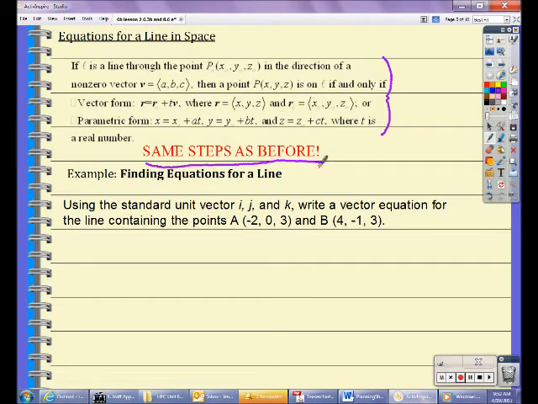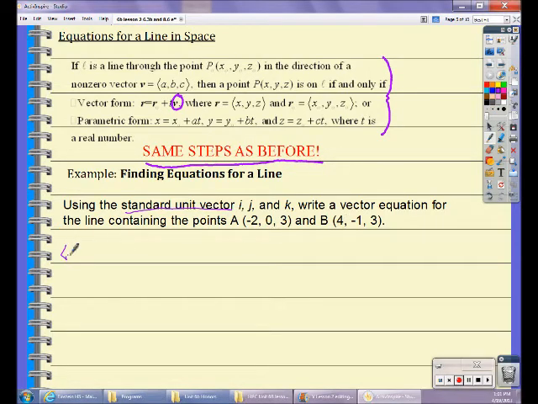And sometimes they'll actually give you your direction vector instead of giving you a second point, and it just makes life easier. This time around, we're going to be putting it in standard unit vector form instead of the component form we were using before. Slightly different, but it's the same idea. You're going to be adding alike terms instead of adding first components.